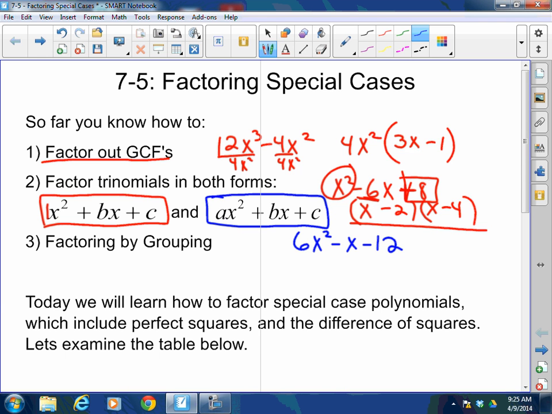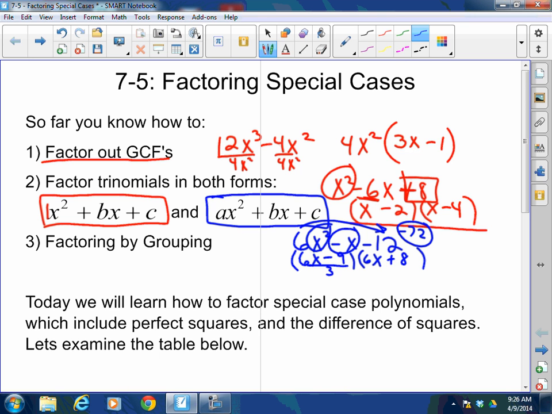In this particular case, my setup has the ax and the ax. It's the square root of the variable, but the a stays the same on both. You multiply a times c. 6 times negative 12 is negative 72. That is my new c value. What times what is negative 72, but when added together is negative 1? That's going to be a negative 9 and a positive 8.